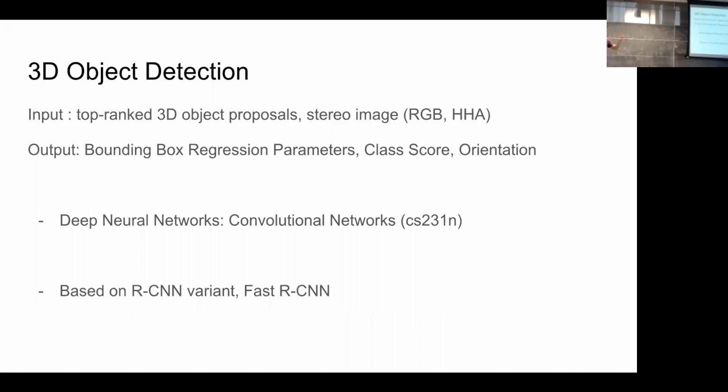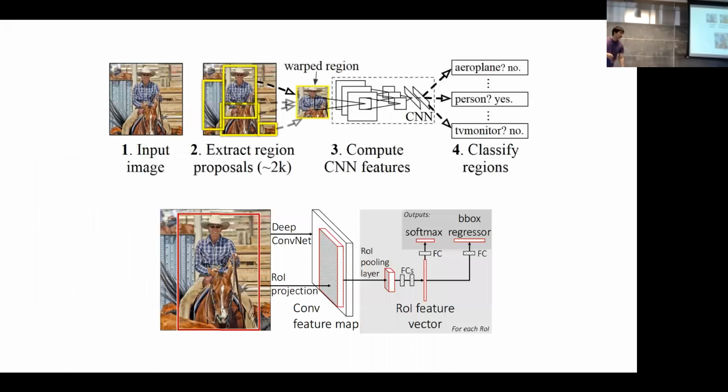The architecture is formulated from a region convolutional neural net variant called Fast R-CNN. R-CNN was first developed by asking what the easiest way is to build a detection algorithm from a good classification convolutional neural network.